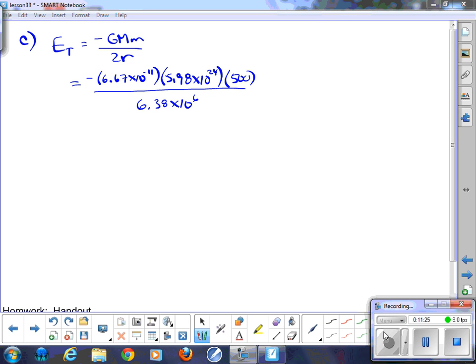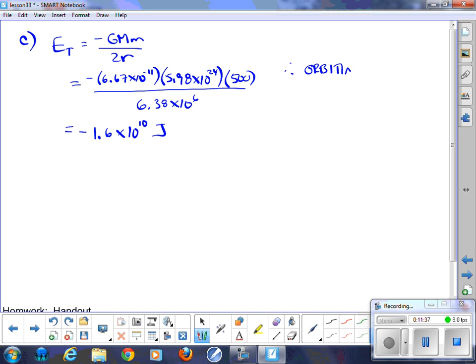In this case, it's going to be a negative value because it's what we call stored energy, 1.6 times 10 to the 10th joules. So therefore, the orbiting satellite has negative 1.6 times 10 to the 10th joules of energy.